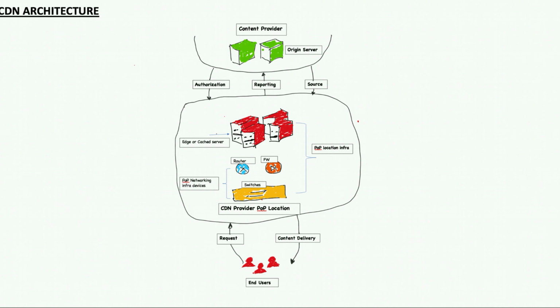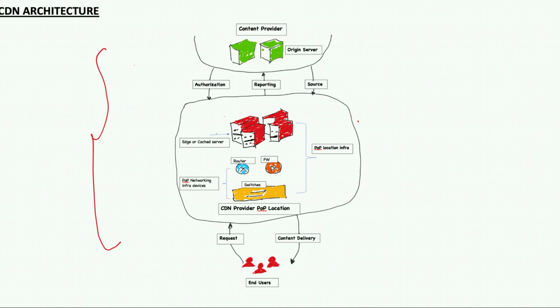So when a CDN is built, its underlying infrastructure plays a huge role in better content delivery to the end users. Here it shows the CDN architecture, which holds multiple elements with the responsibility to provide great content delivery to the end users. Let's see them one by one.